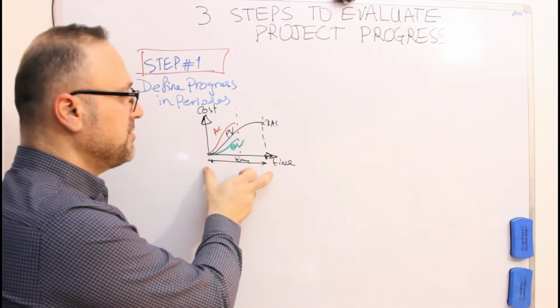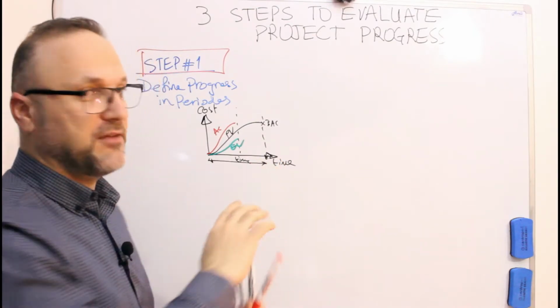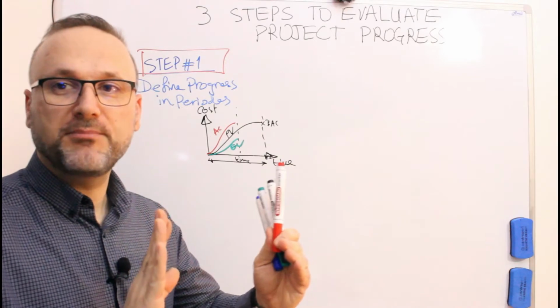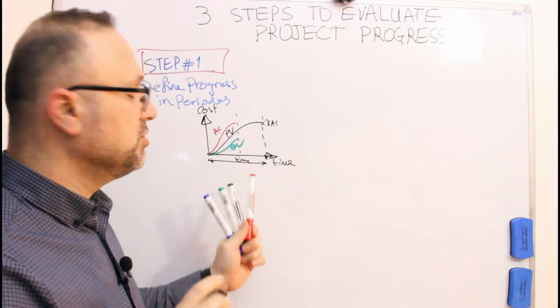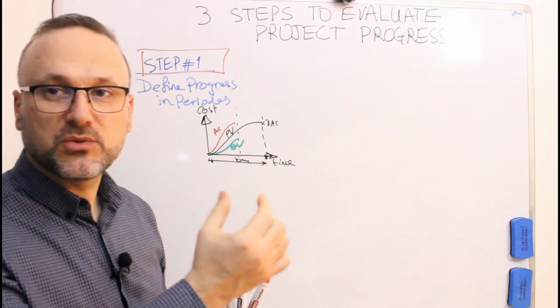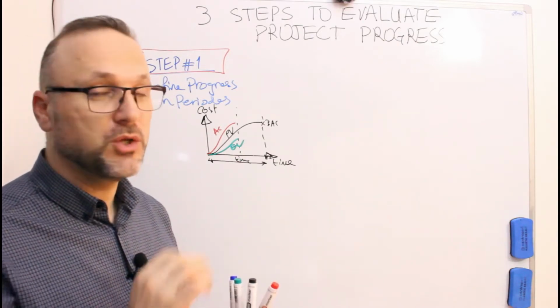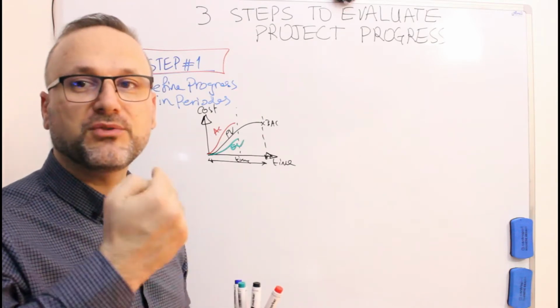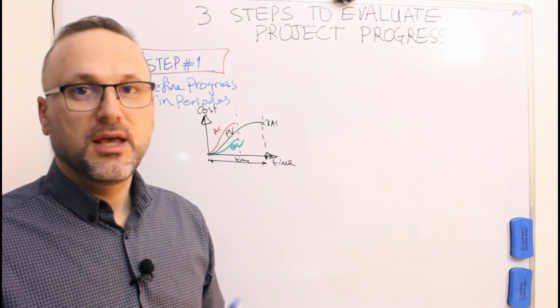So if you remember from the previous episode, we said each and every project has a time, and because the time period is different for each project, you need to specify the periods where you are going to measure your progress. You could measure in between, but you have to set your project progress periods.